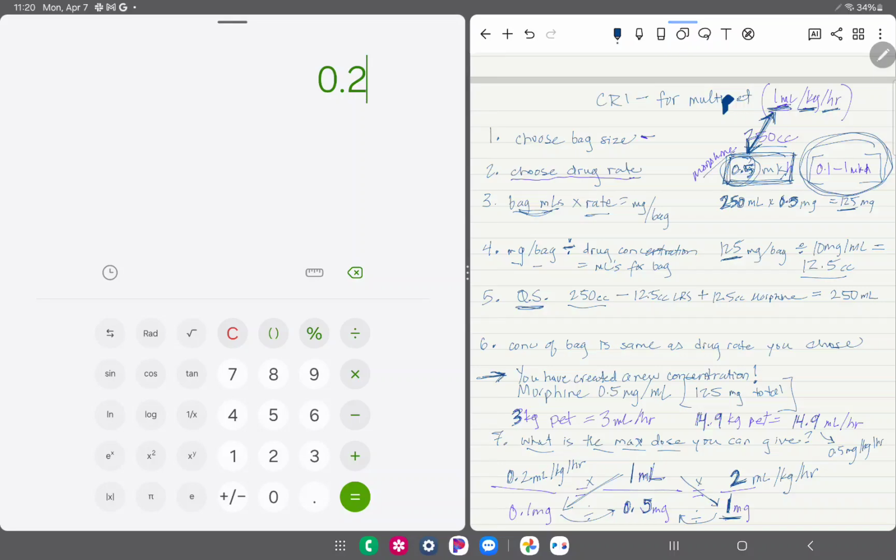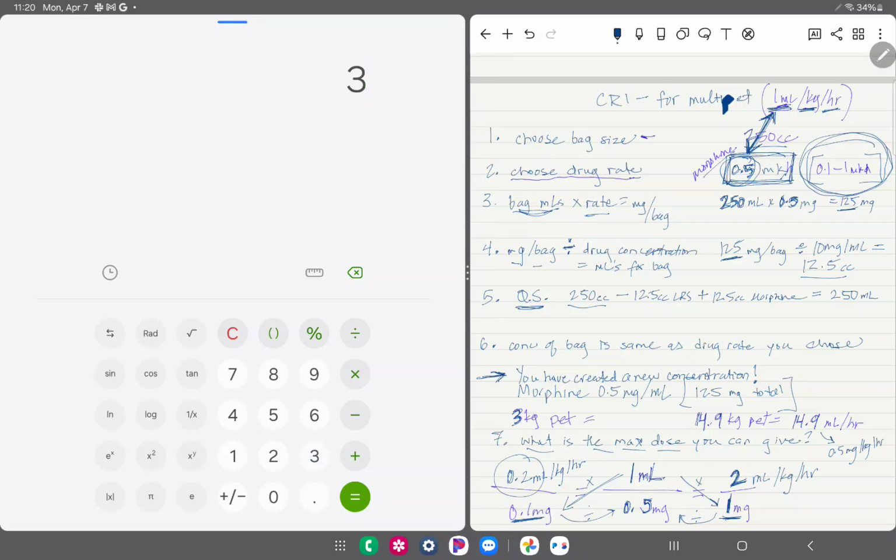All right, so we go back up to this 3 kg pet. I started him on a 0.5 mcg per kg per hour, which is the same as 3 mL per hour, right? But he's the one that's not doing so well. Heart rate, blood pressure, temperature, it's all kind of going downhill. So he's not doing so great. So now I can think, well, I already figured out my math, and the lowest I can go and still be clinically useful is 0.2 mL per kg per hour.